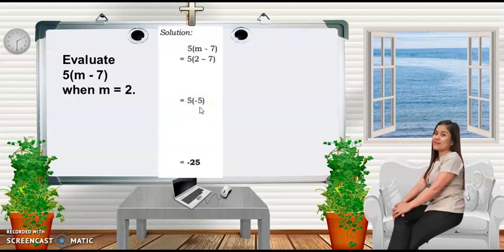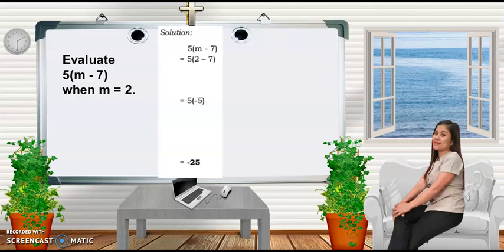Apply here the rules in multiplying integers: the product of two integers with the same sign is positive, while the product of two integers with different signs is negative. So here, positive 5 times negative 5, you have the answer, which is negative 25.